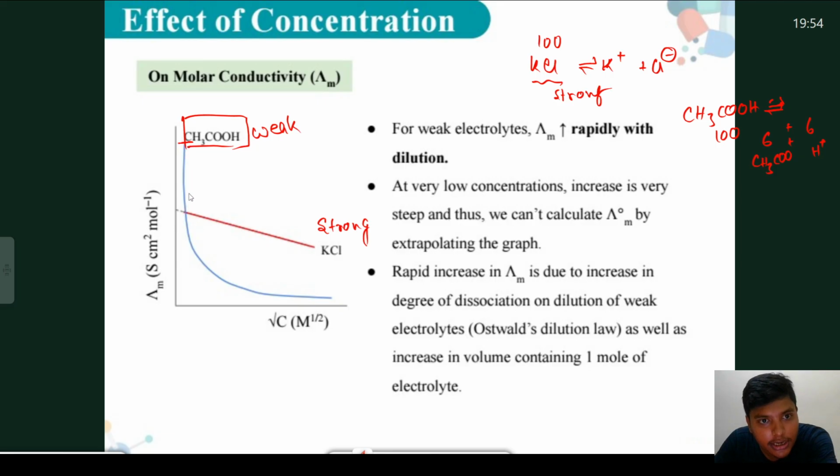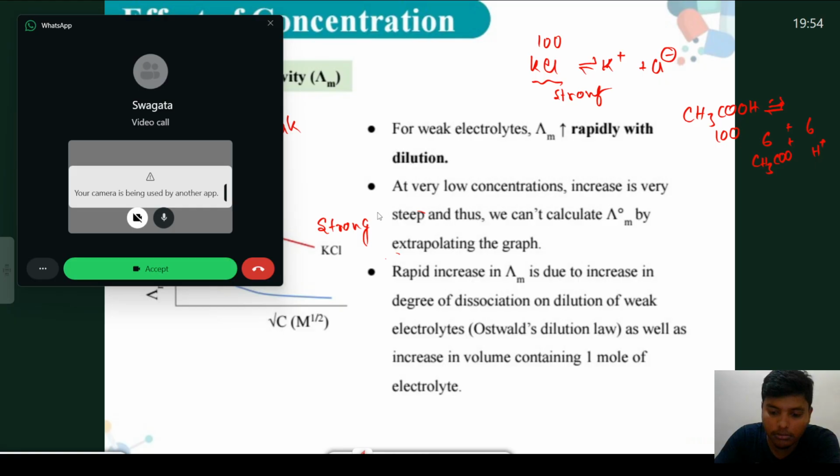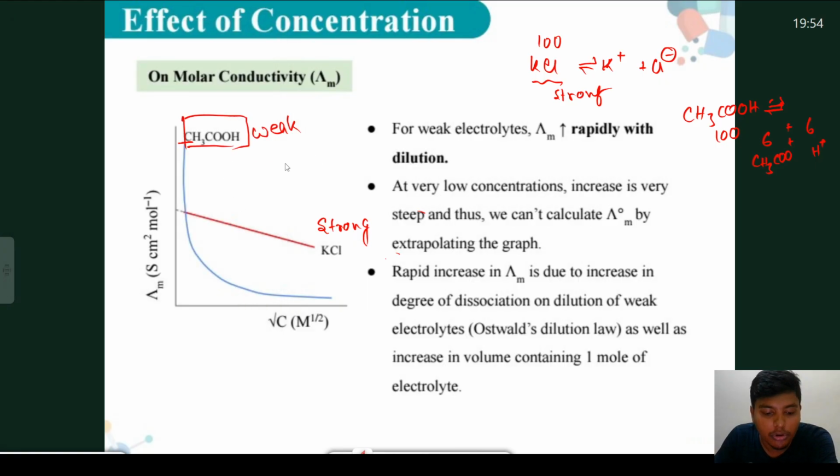And when you dilute it, what happened? Am I audible? So when you dilute it, it will be an infinite solution. Now, when concentration increases, lambda m value will decrease. I already told you, lambda m is inversely proportional to concentration.